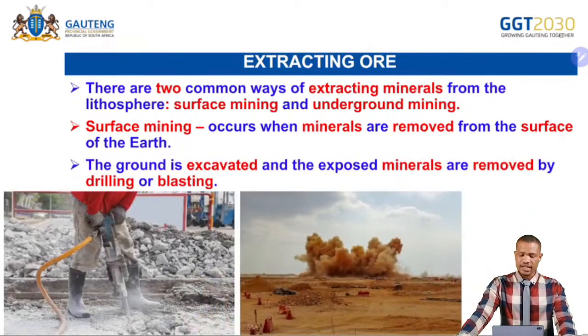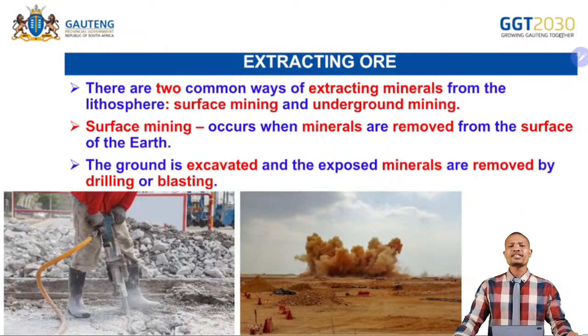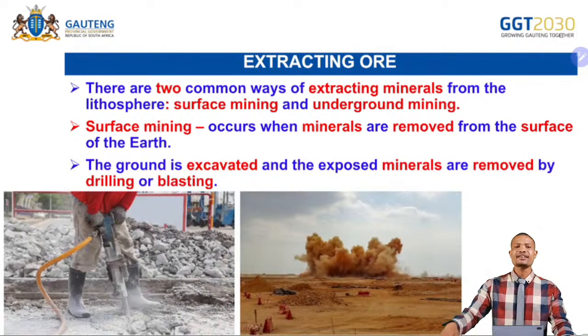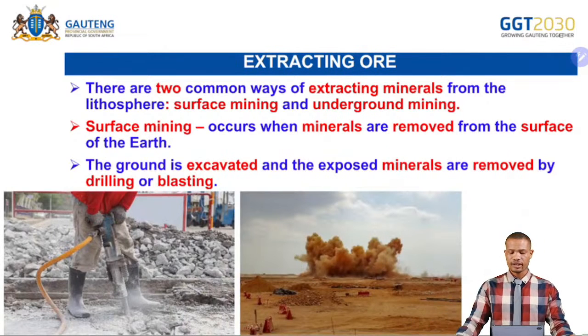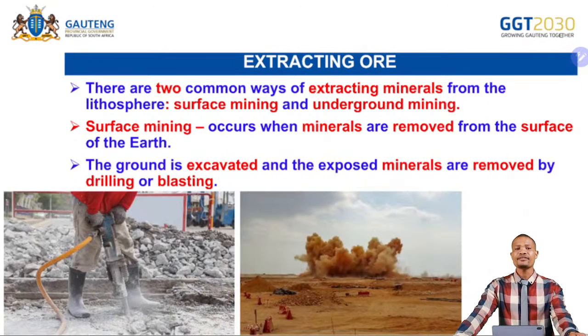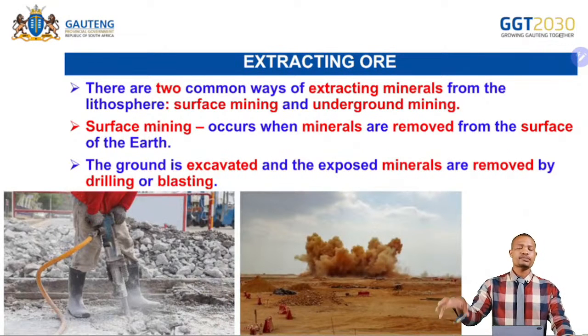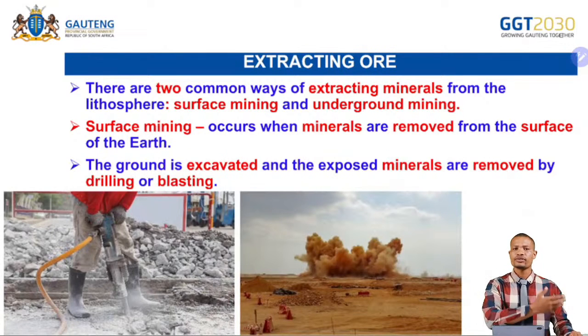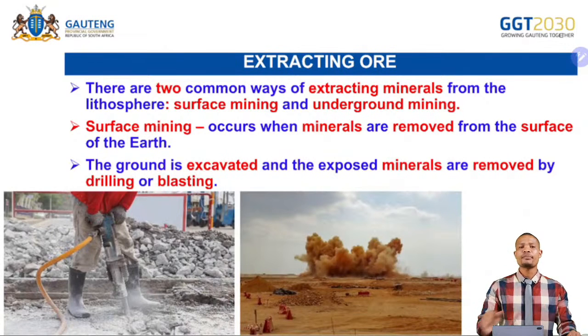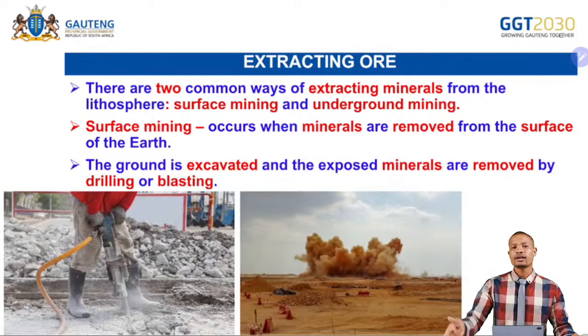The ground is excavated and the exposed minerals are removed by drilling or blasting. For surface mining, we excavate the ground, and the exposed minerals are removed by drilling or blasting. We just remove a small layer of the ground and then we get our mineral, unlike in underground mining, where we need to go deep into the ground.